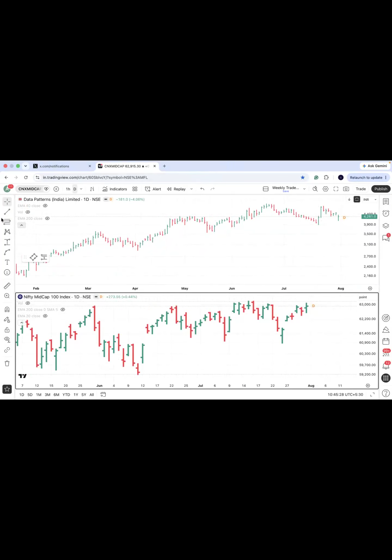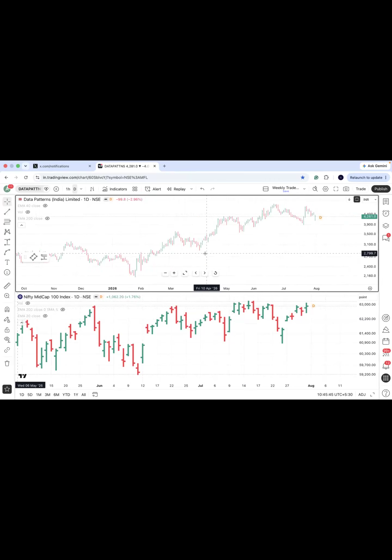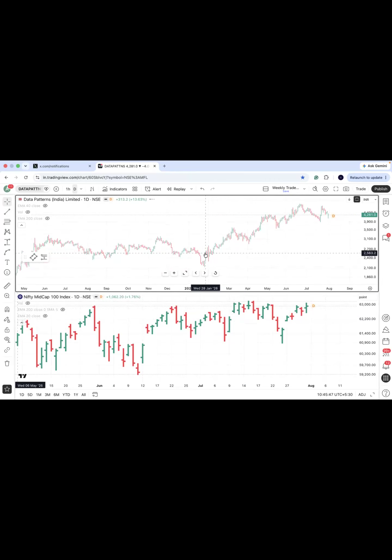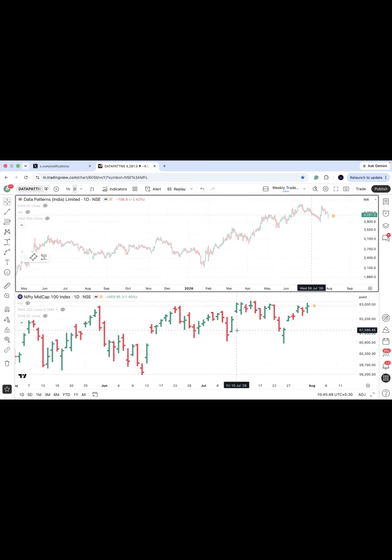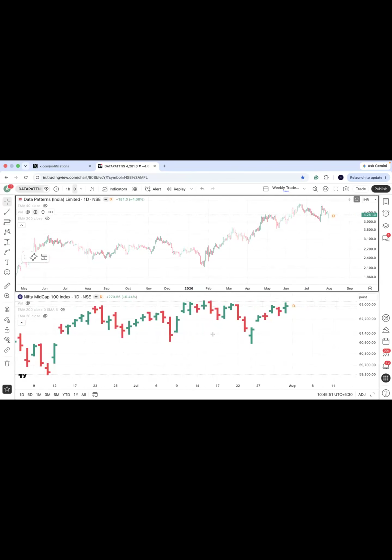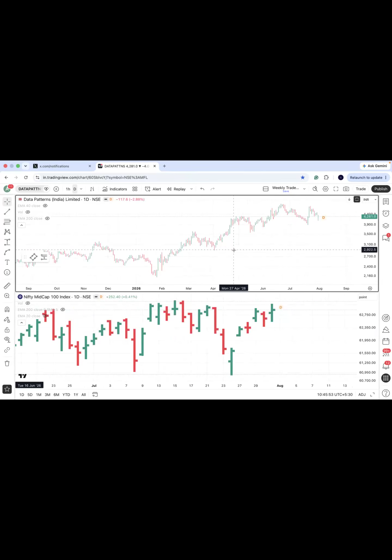Same logic that Archit explained: the index fell, but the stock did not fall that much, and when the index recovers, the stock moves much more. So it's called outperformance. Similarly, you can use RRG, or relative strength analysis, to also identify stocks which are weak. So we can look at a couple of examples for those stocks also.